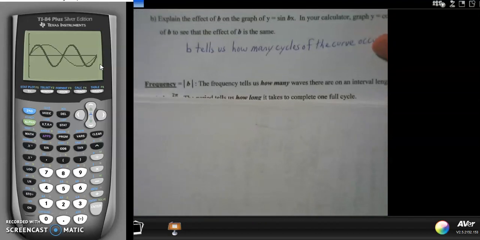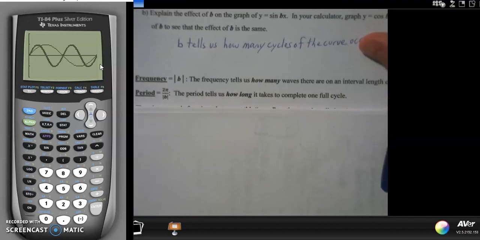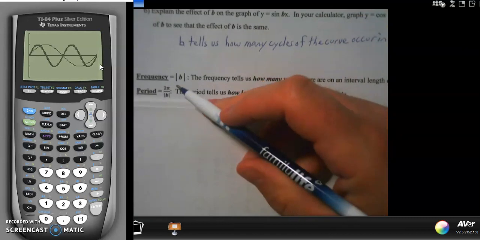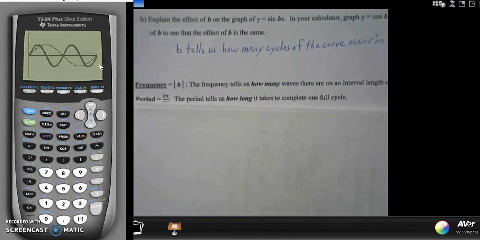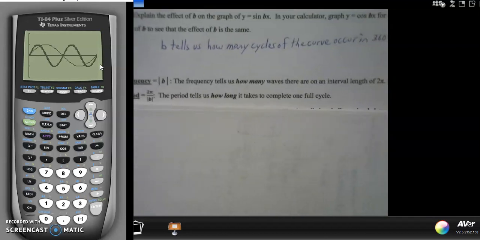Okay, so that brings us to the definition of frequency. That's the absolute value of b, and that tells us how many waves there are in an interval length of 2 pi radians, or 360 degrees. So again, with sine of 2x, there were two full sine waves in that interval.